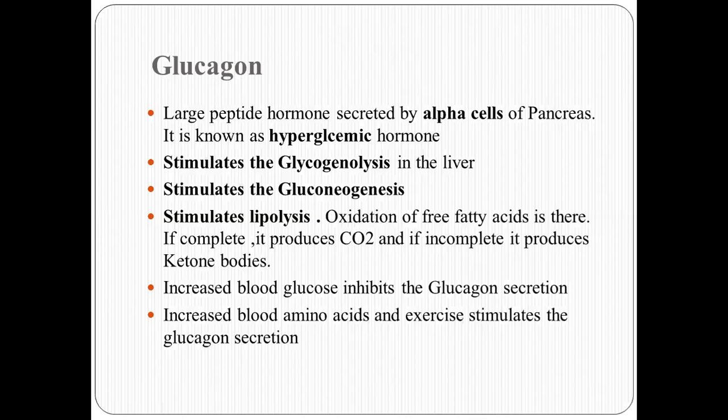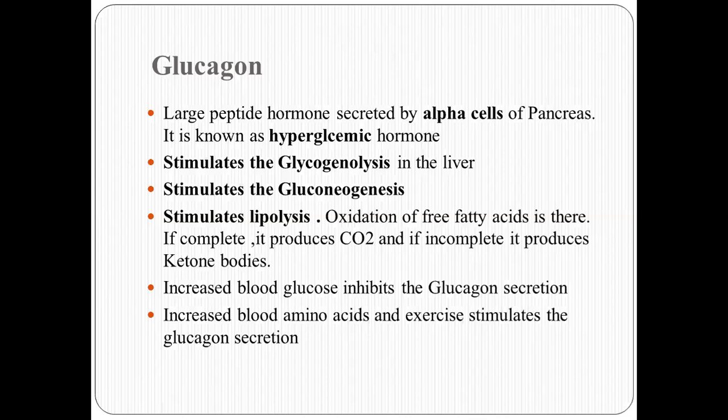Now, if there is stimulation of lipolysis, oxidation of free fatty acid is there due to lipolysis. If it is complete, it will produce the carbon dioxide. But if it is incomplete, it produces the ketone bodies. Now, increased blood glucose level always inhibits the glucagon secretion. So, whenever the blood glucose level is increased, automatically insulin secretion will be there and the glucagon secretion will be hampered.